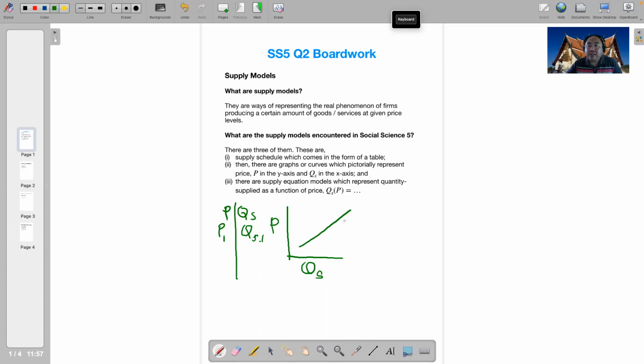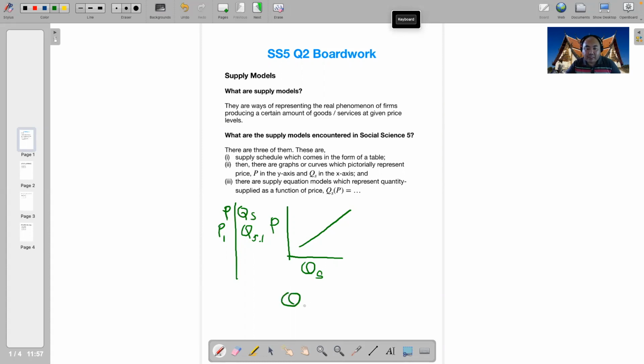Well, because we know that price acts as an incentive for suppliers or producers to make goods or services. So the higher the price of that good or service, the more of that is expected to be produced by your firms.